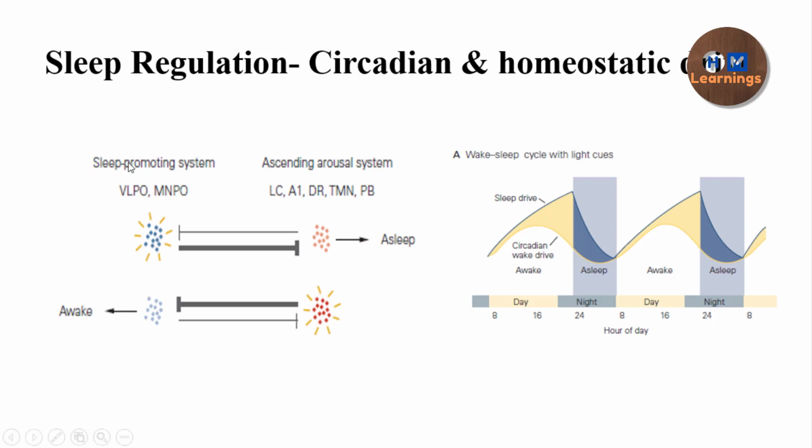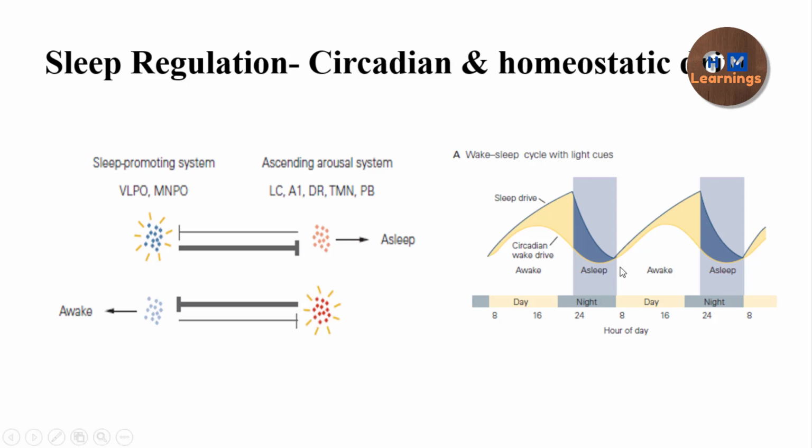This is the same description of the flip-flop model, and it shows the interaction between the two drives, the circadian and the homeostatic drive, and how this interaction governs the wakefulness and sleep period.